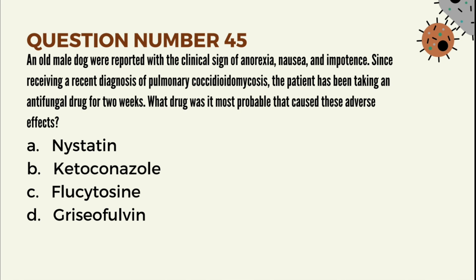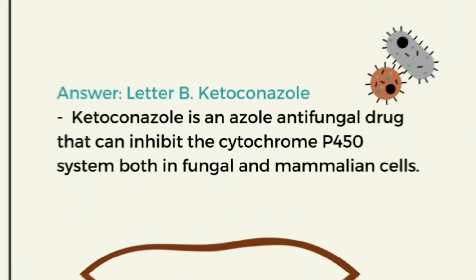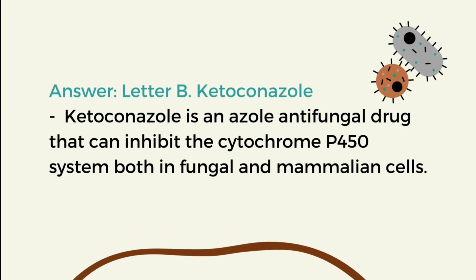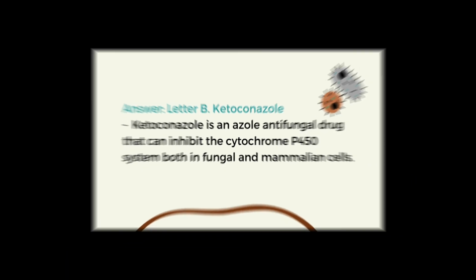A. Nystatin, B. Ketoconazole, C. Fluoxetine, or D. Griseofulvin? Answer is letter B, ketoconazole. Ketoconazole is an azole antifungal drug that can inhibit the cytochrome P450 system in both fungal and mammalian cells.